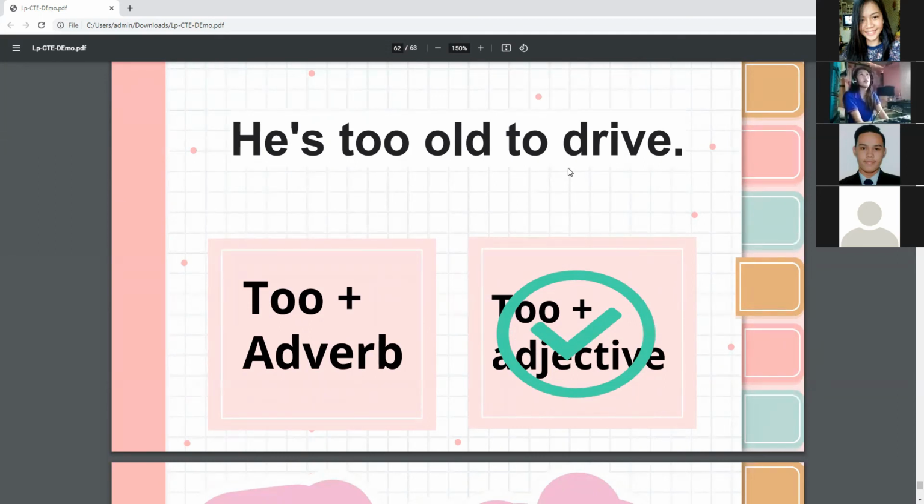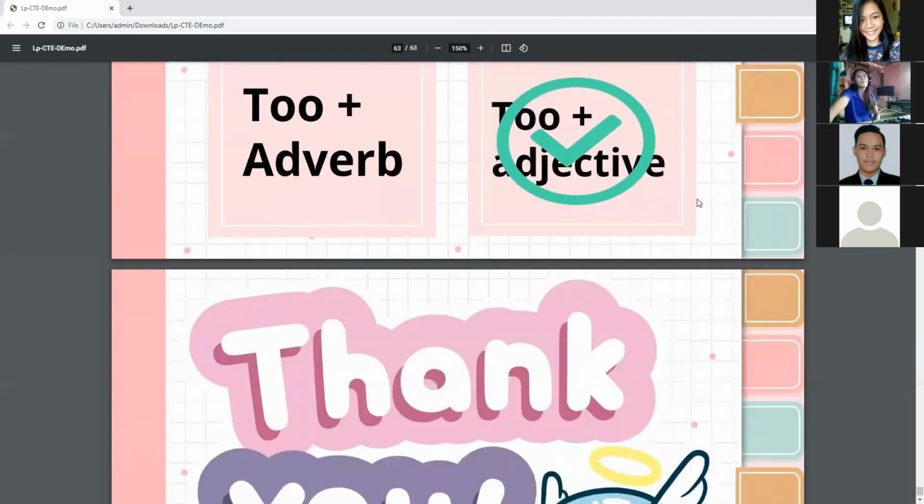For example, you are too beautiful. So it sometimes indicates a negative meaning, that you are more than beautiful, that her face is not normal. So you must say that you are very beautiful. Do you guys understand? Yes, ma'am.